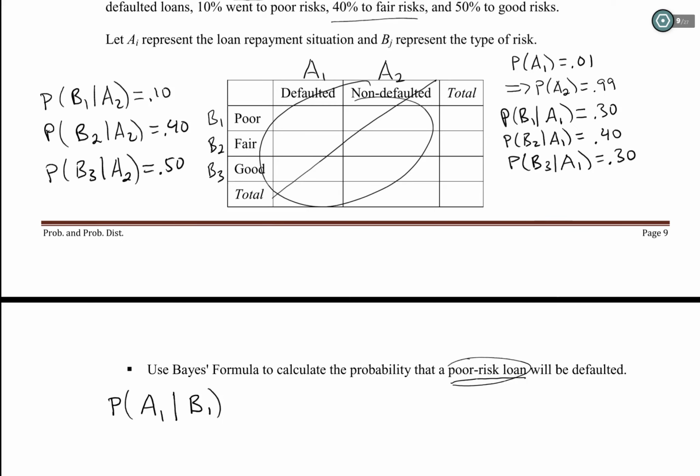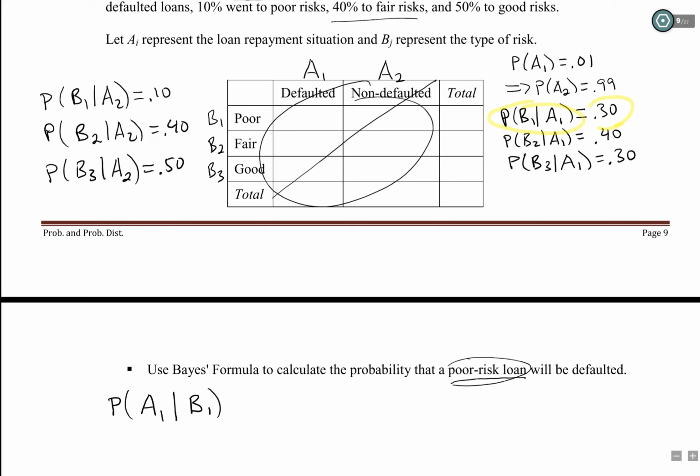Now notice we do have the probability of B1 given A1, but we want to switch these two. It probably doesn't work out to where I can just do something magical to this number and get the switched conditional probability. There are a little more details involved than that. But Bayes' theorem or Bayes' formula allows me to get to this switched conditional probability.